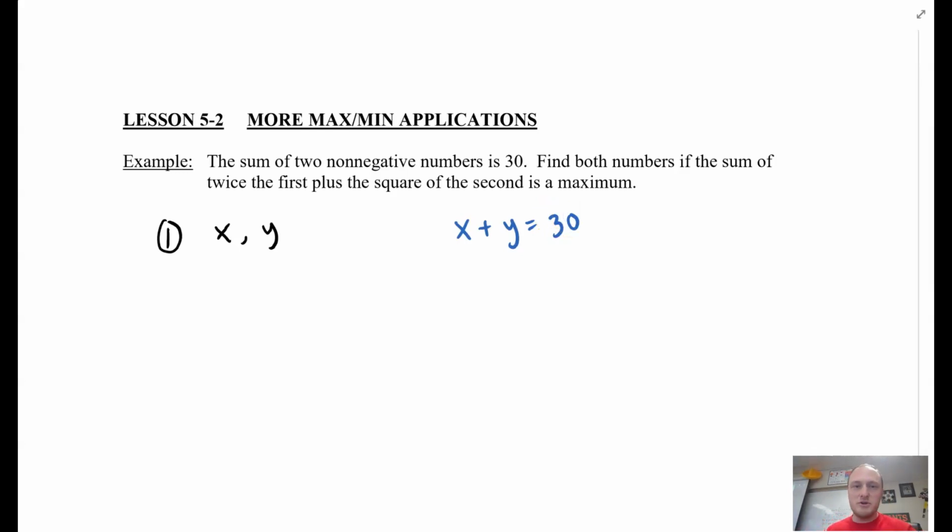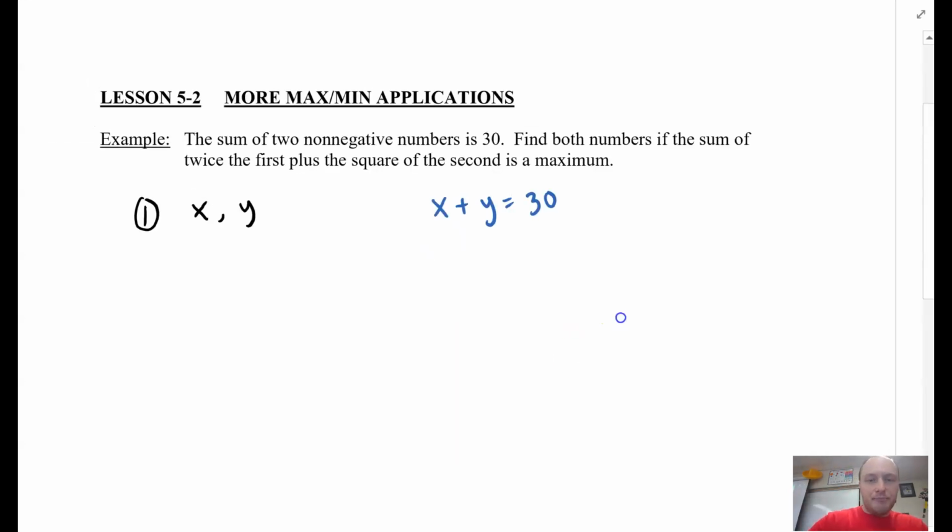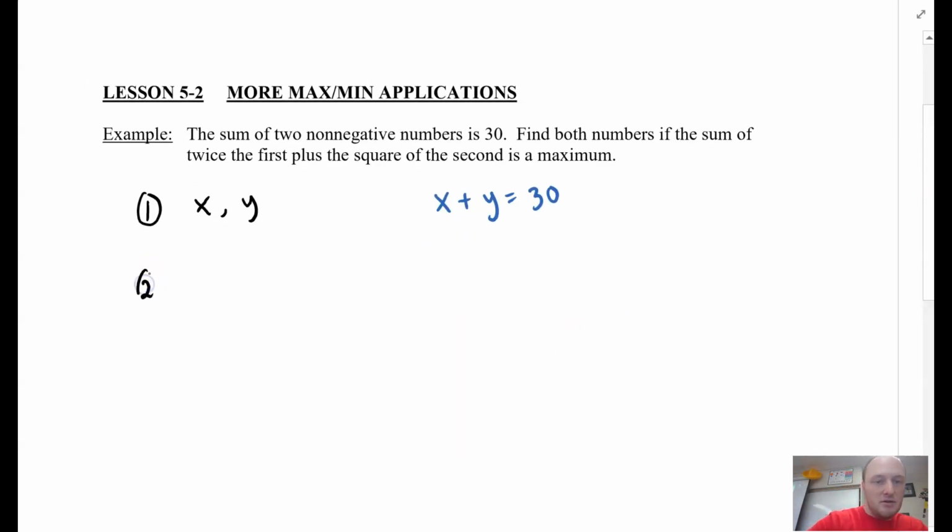We want to maximize the sum of twice the first number, 2x, plus the square of the second, y squared. We want to maximize that.